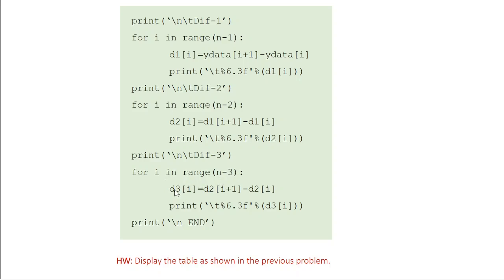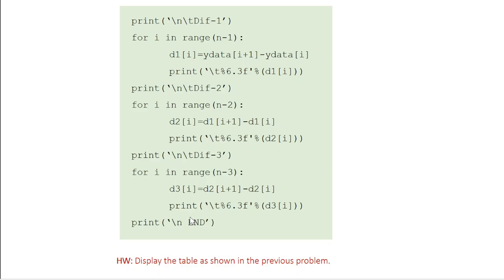And d3 is nothing but the difference between two successive d2 terms. So d3[i] equal to d2[i plus 1] minus d2[i]. Then you print the d3[i] terms. So you have printed all the difference terms one by one. Finally, you just say print \n, just to indicate that the program is over.